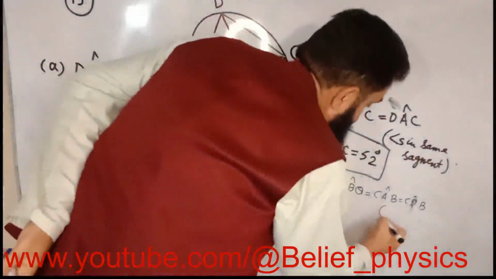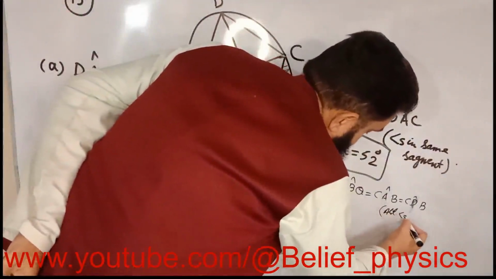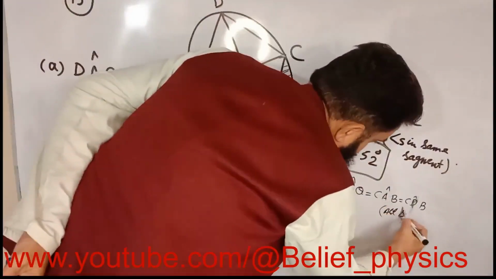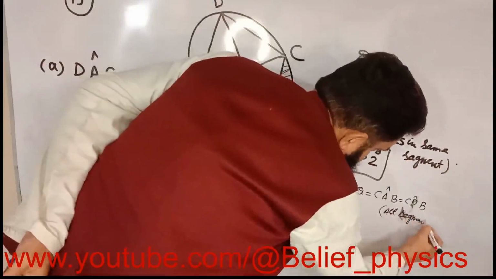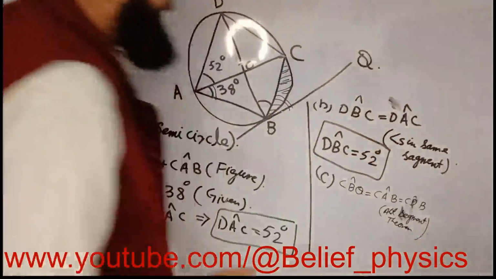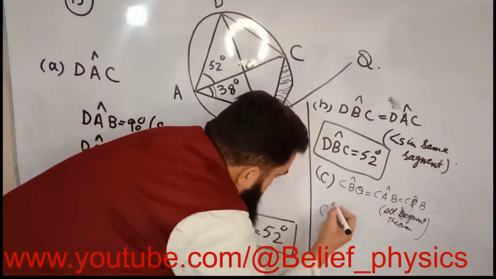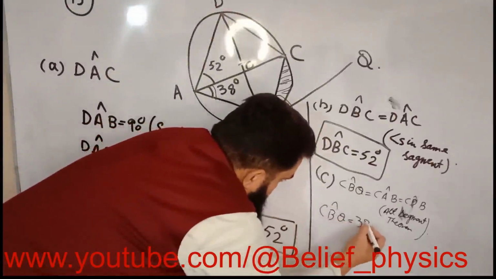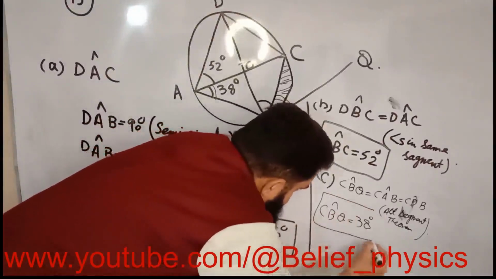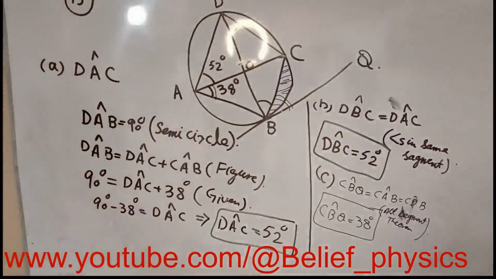So we write here the alternate segment theorem. Therefore, it is given that 38, so CBQ will also be equal to 38 degrees. And this completes our question number 15.